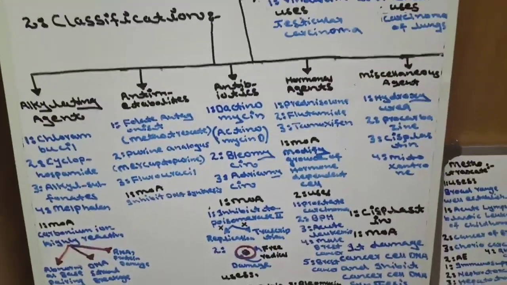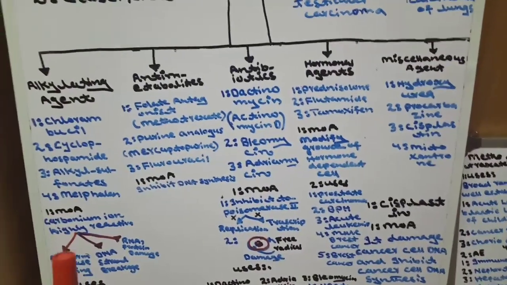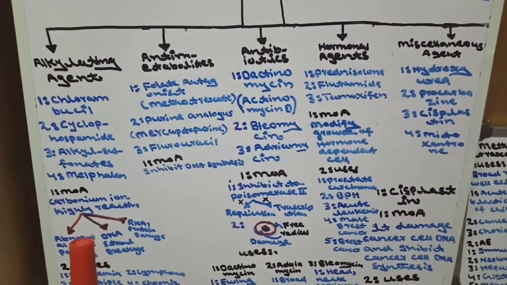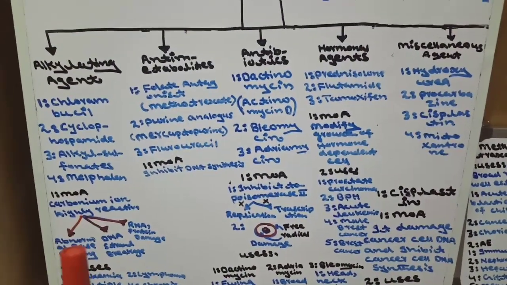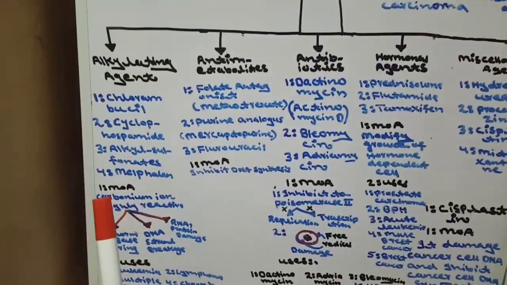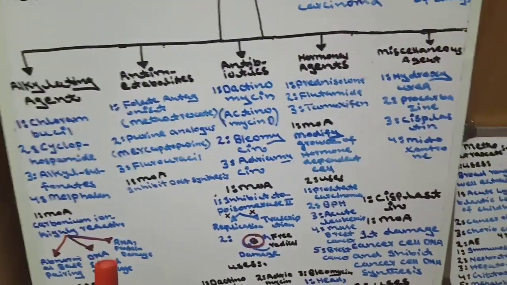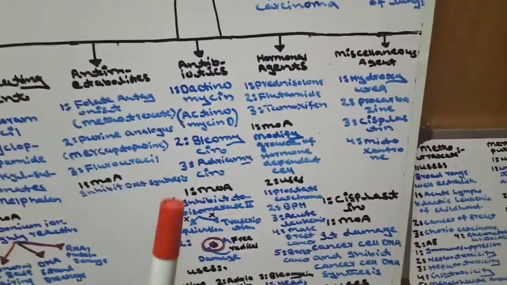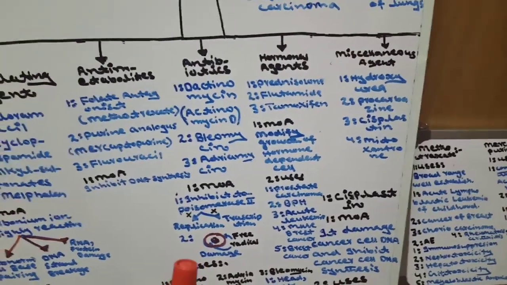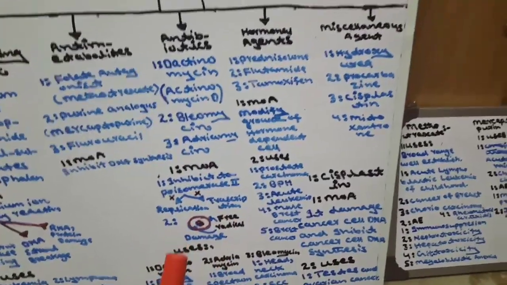The next question is, which group of drug produces high carbonium ions in our body? This is alkylating agent. Next question is, which drug inhibits topoisomerase 2? This is the antibiotics mechanism of action.